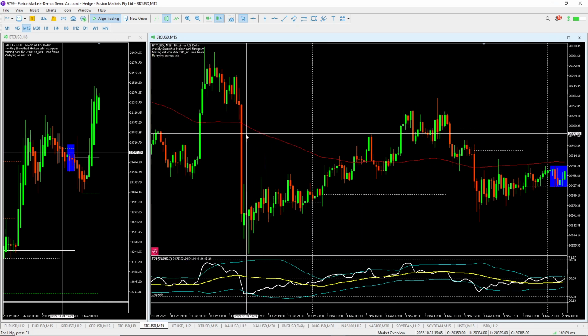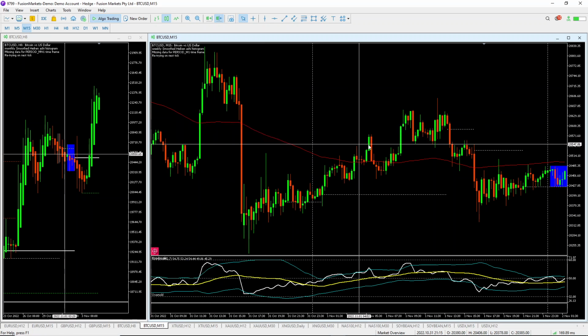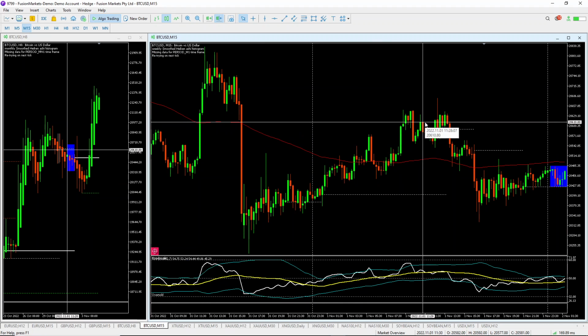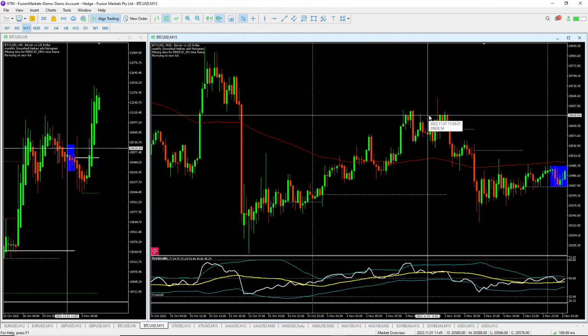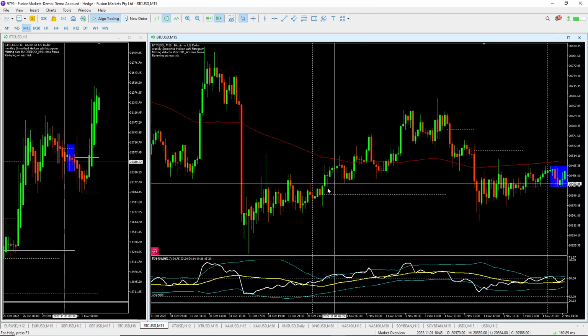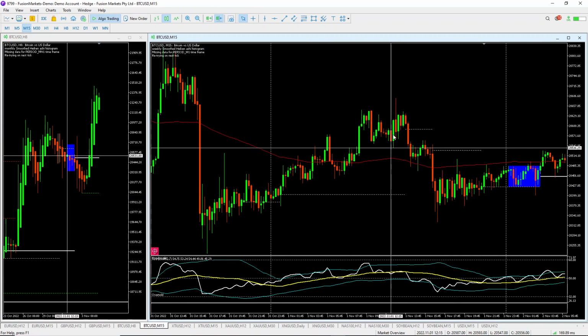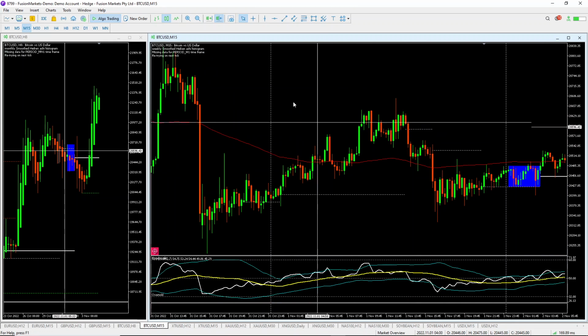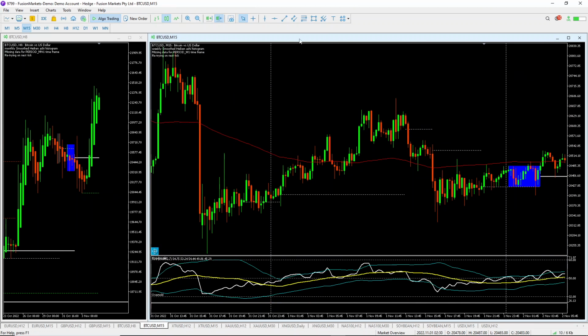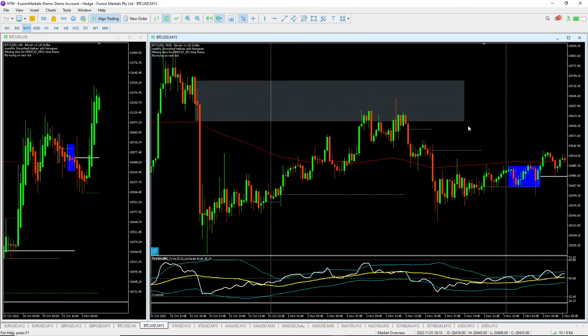Here the same thing there. You see red, red, red, red, red, red, red, and just here was that single green candle. So you could have tried, we are above value here, above the MA, you could have tried a sell here. You see how it was mitigating something around there.